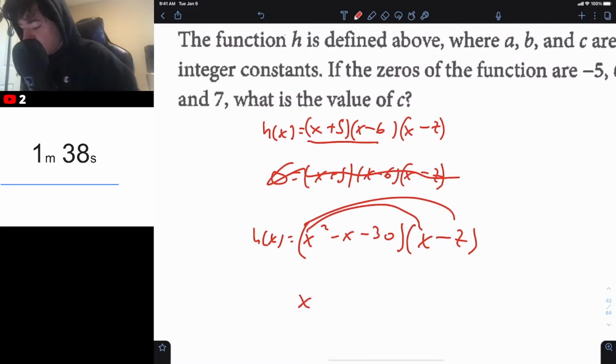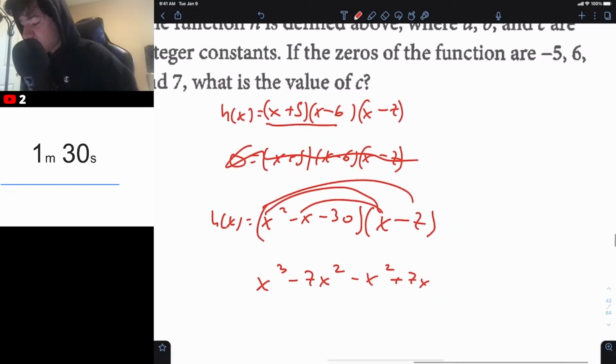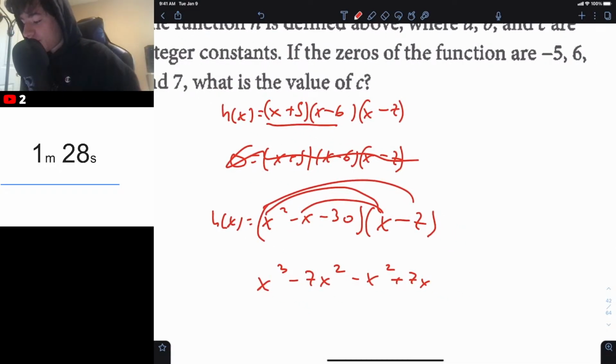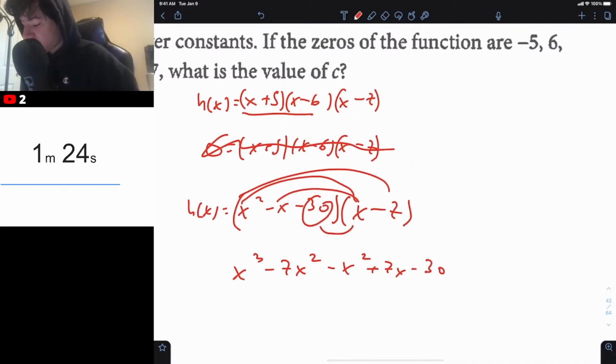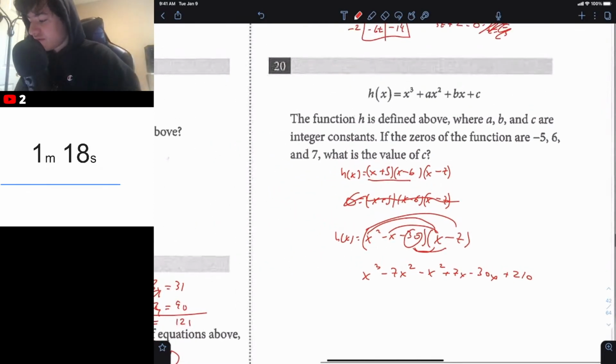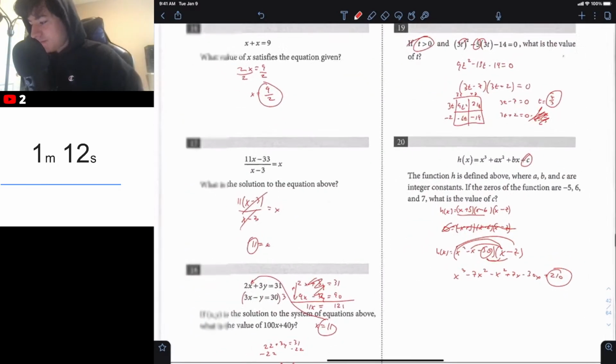So x cubed minus 7x squared. And then I'm going to do negative x squared plus 7x. And then I'm going to multiply the 30 by the x. I'm just FOILing here. So negative 30x. And then the negative 30 by the negative 7, which is plus 210. And we're looking for our c value, which is just the constant at the end. And if we see here, 210 is our constant. So the answer is 210.